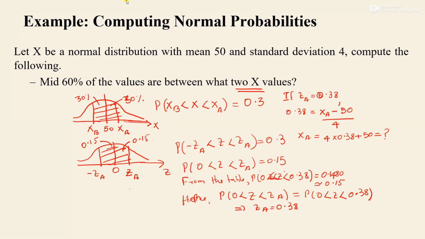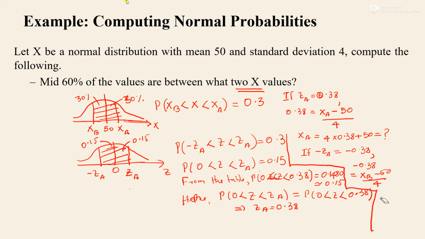Calculate this value. Similarly, if minus ZA is equal to minus 0.38, then minus 0.38 equals (XB minus 50) over 4.